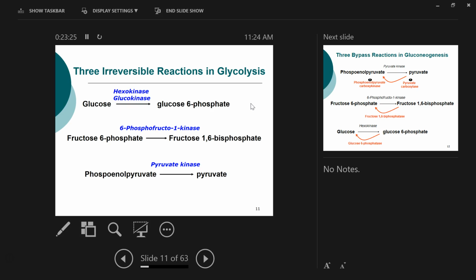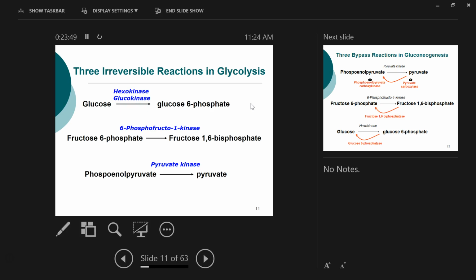And these three reactions cannot go in the opposite direction by the same enzyme. What I'm saying is that they are irreversible. That means they cannot go in the opposite direction by the same enzyme. So this key enzyme only catalyzes the reaction in this direction, right? It cannot go the opposite direction.